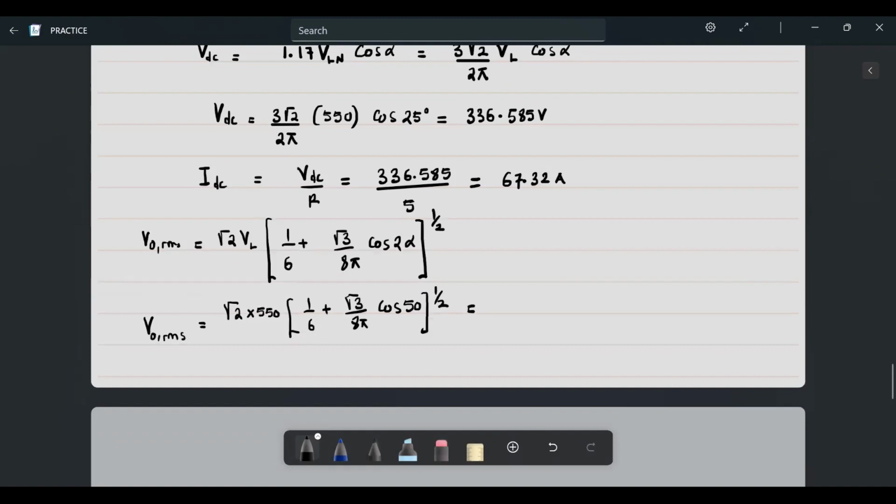So we have the square root of 2 times 550, times 1/6 plus the square root of 3 over 8 pi times cosine 50, and then to the power 1/2.